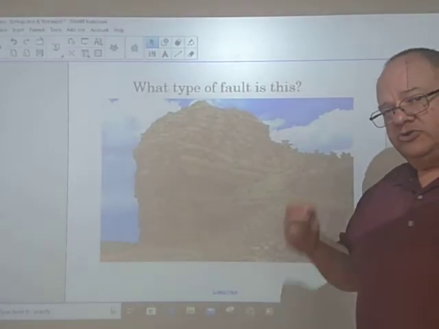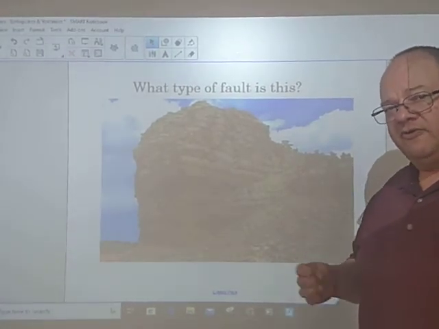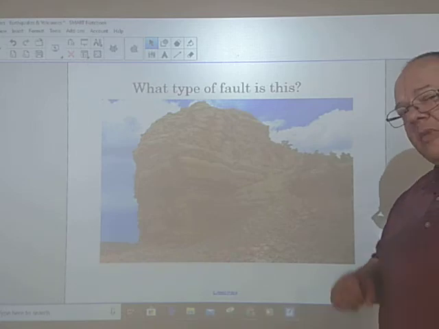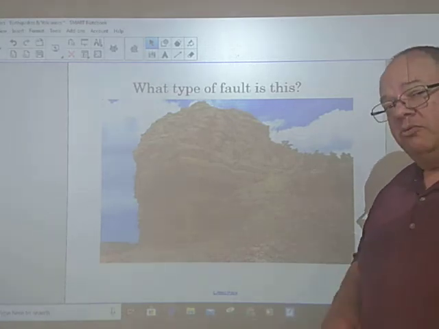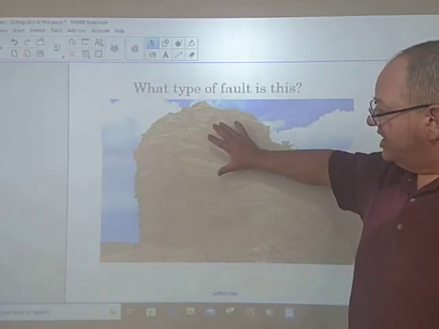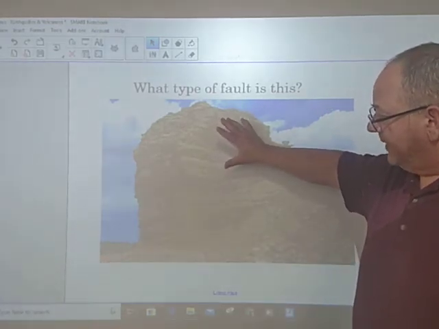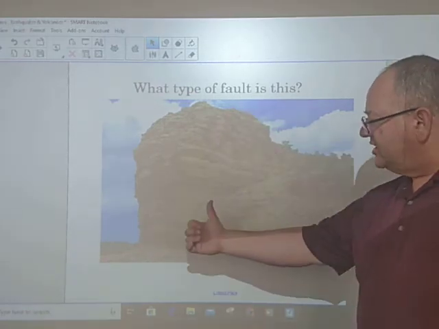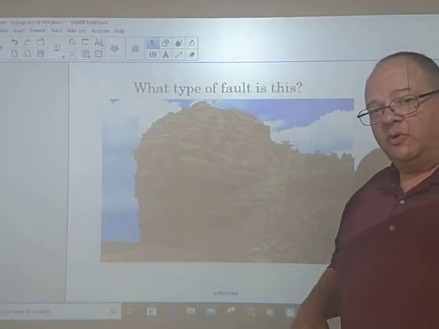Choices are strike slip fault, normal fault, reverse fault. I hope you went with reverse fault. It looks very clear to me that the hanging wall has moved upwards relative to the footwall.